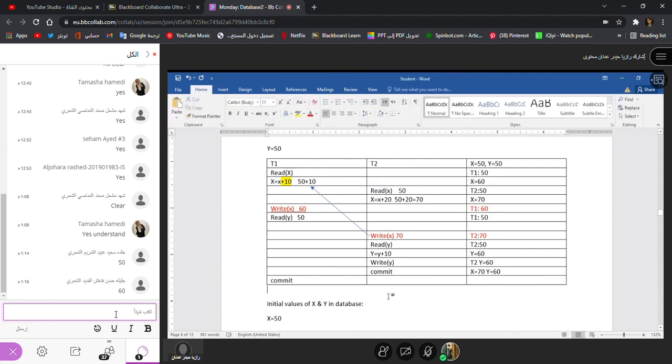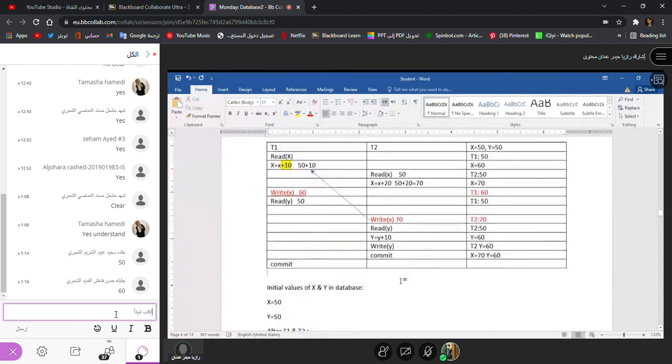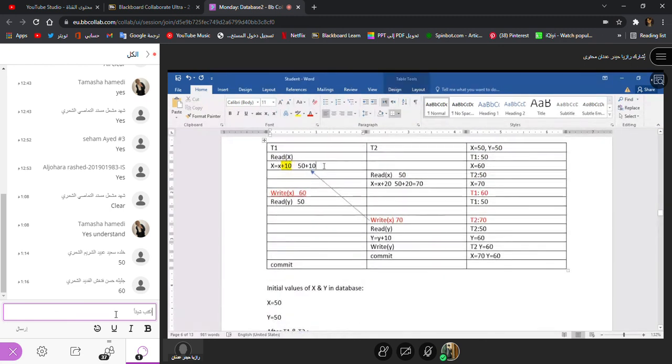How it should actually happen, see here, x is 70 and it is wrong. We added first 10 and then we added 20, right? So the answer should be 80, but the answer is only 70 because we have lost the update here. So this is the wrong value. It should be 80 actually.